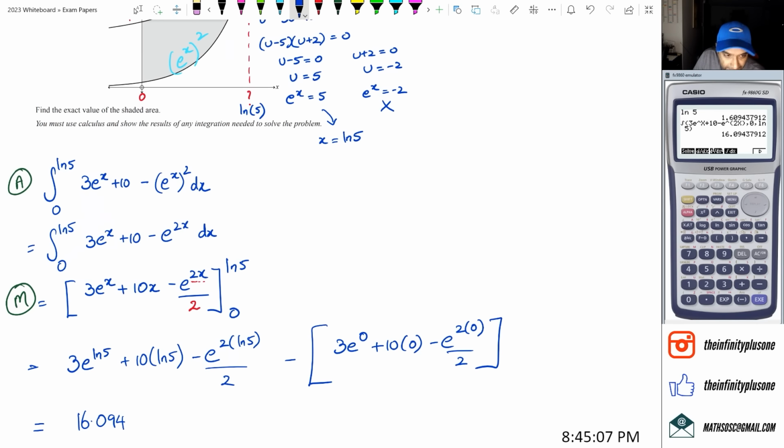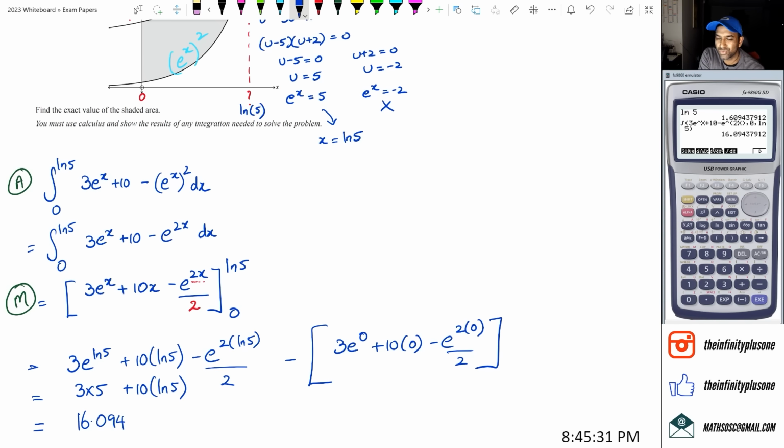So 3e^(ln 5) could be written as e and ln just cancel out each other, so you're going to get 3 times 5 plus 10 ln of 5. Now here you've got e to the power of 2 ln of 5, over 2. Oh, I see what they've done.